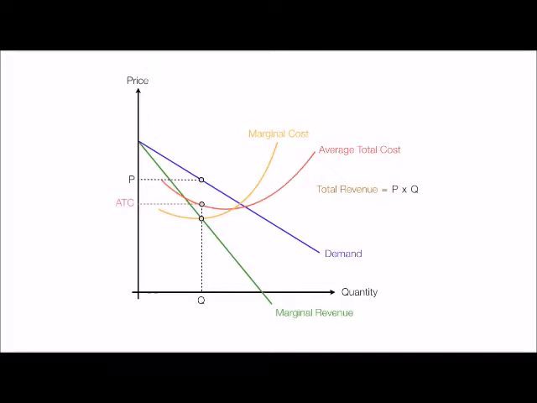Again, if I go from the quantity up to the average total cost curve and across, this gives me my average total cost, which is the area of the red triangle. It's average total cost times quantity. That's the area. And if I take total revenue minus total cost, that's the profit, which is that black area there, the area of that black rectangle, I should say.